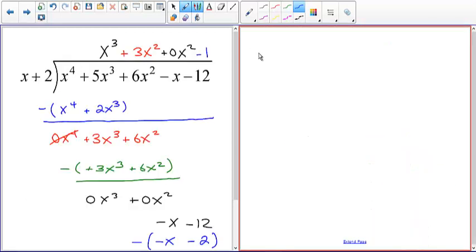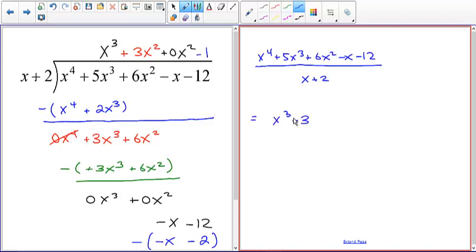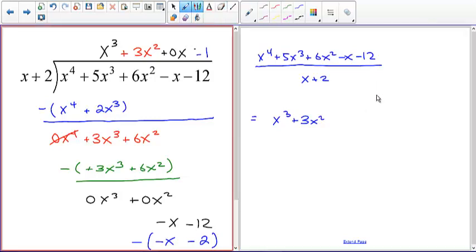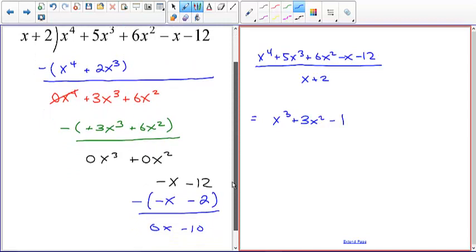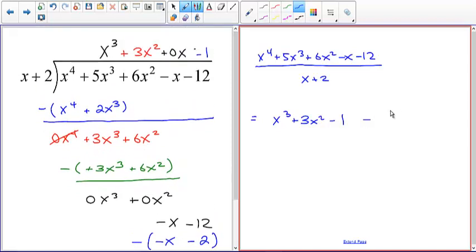What I can say is x to the 4th plus 5x cubed plus 6x squared minus x minus 12, divided by x plus 2, equals x cubed plus 3x squared, and this should be raised to the 1 power, plus 0x minus 1, and then we take the remainder, negative 10, divided by x plus 2.